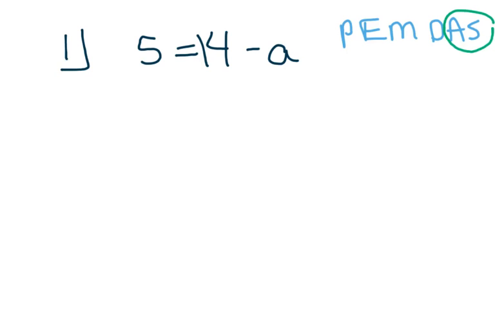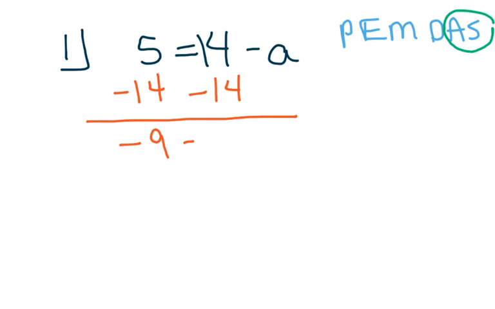And yes, in this case, I can subtract 4 from both sides. When I do that, I get negative 9 equals negative a. Okay, so we took care of that.